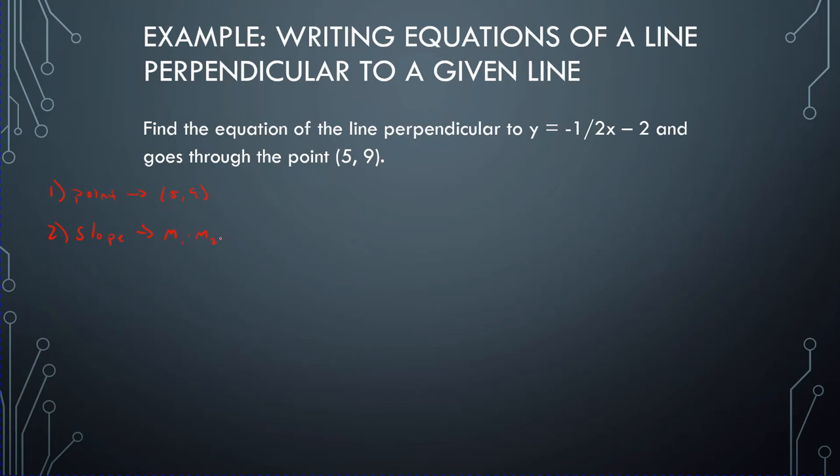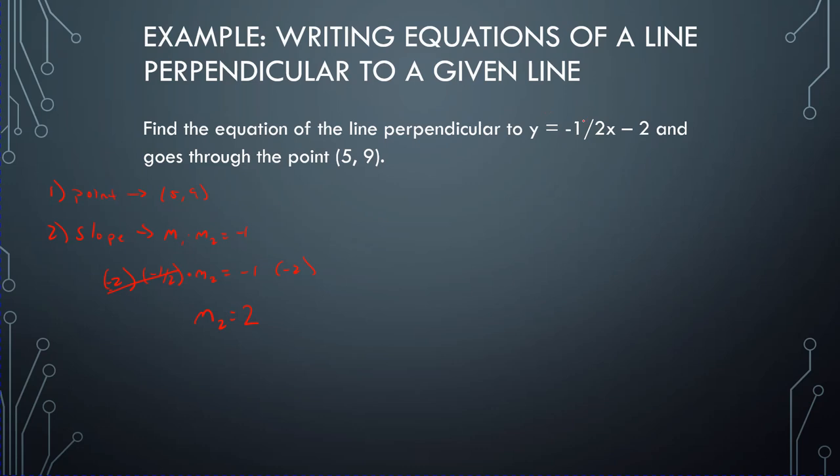So when you multiply the slopes, they got to be negative 1. So I got negative 1/2 here times m2 has got to be equal to negative 1. So really what you can do is multiply both sides by negative 2. Negative 2 times negative 1/2, that's just 1, so those cancel out. And negative 1 times negative 2 is 2.